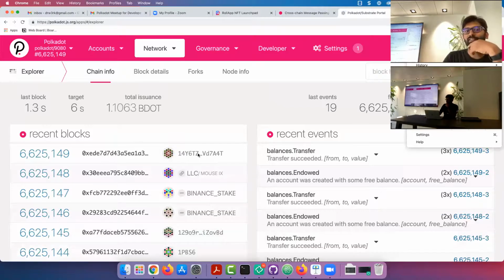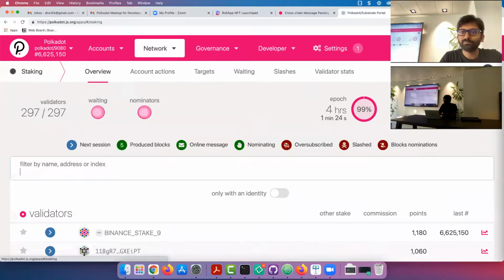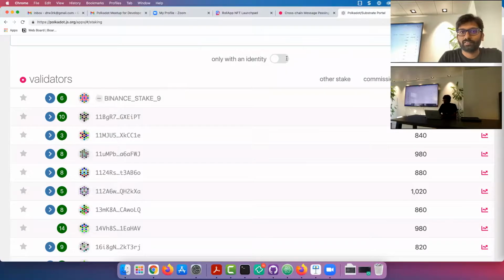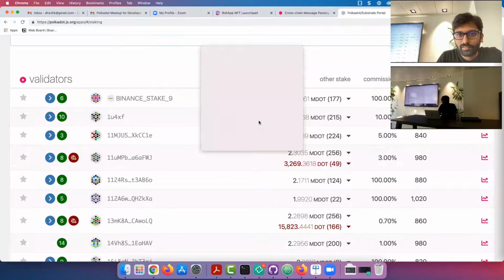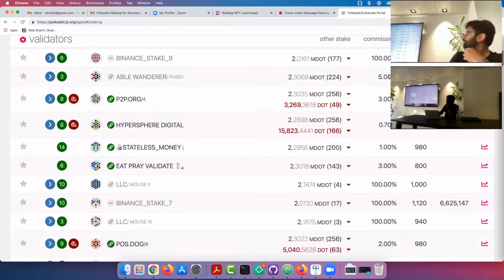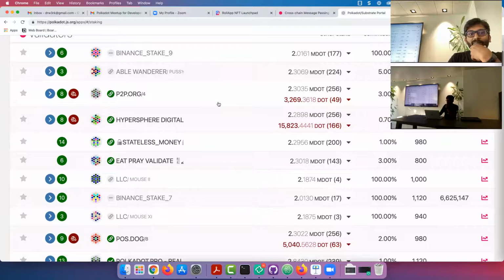So these validators haven't registered their identity. Let me go to the. Yeah. So if the commission is 100%, that means they're the ones getting all the block reward. You can see these validators, few of them only take a percentage of the block reward.